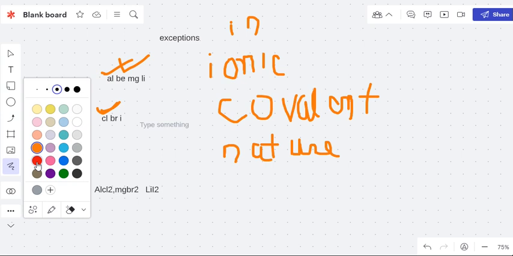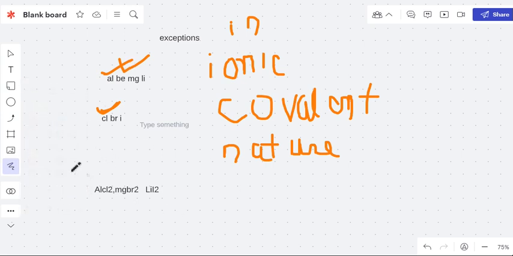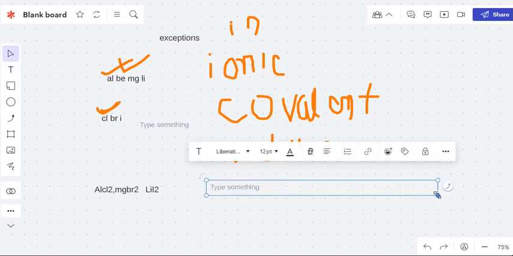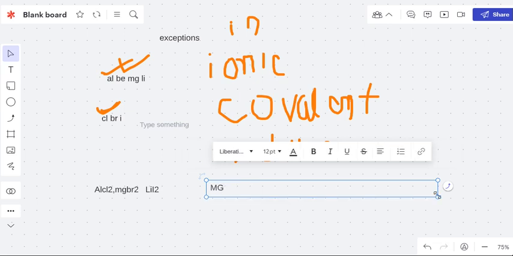For example, let's create an order here so it will be easy for you to understand: magnesium chloride, magnesium bromide, and magnesium iodide.